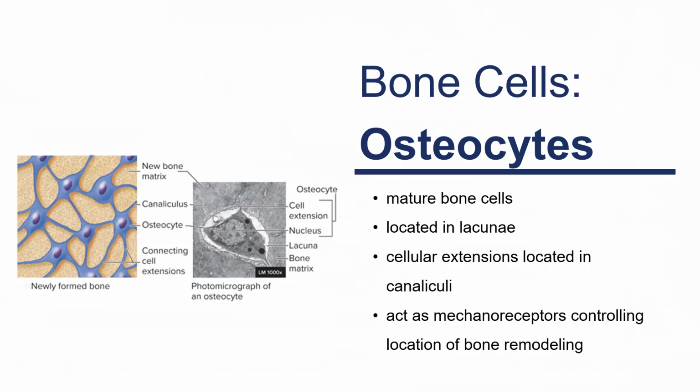And so our osteocytes perceive how much stress a particular area or bone is taking from our daily activity. And so if that bone needs more support or if it's getting stressed more, that's going to trigger our osteocytes to remodel or lay more bone down in that area.